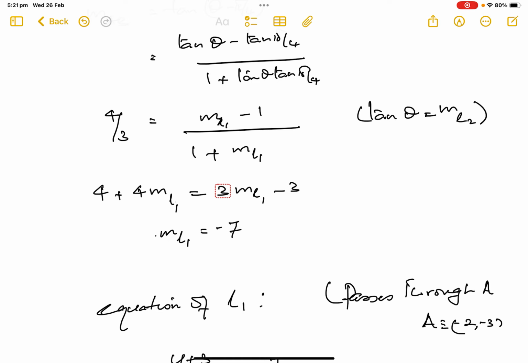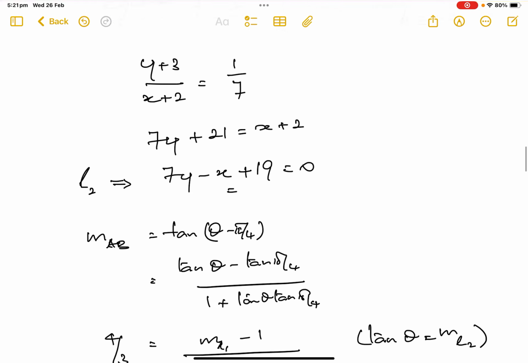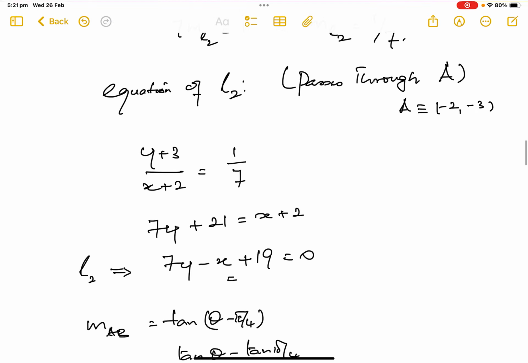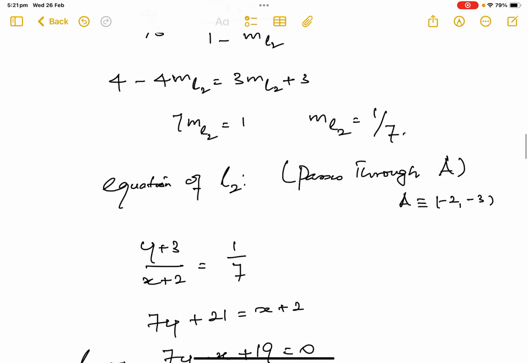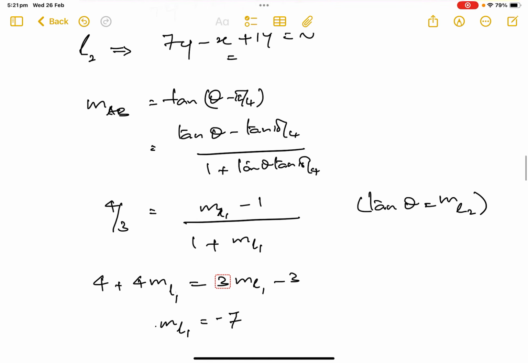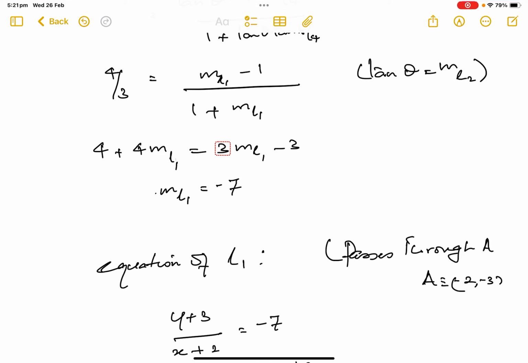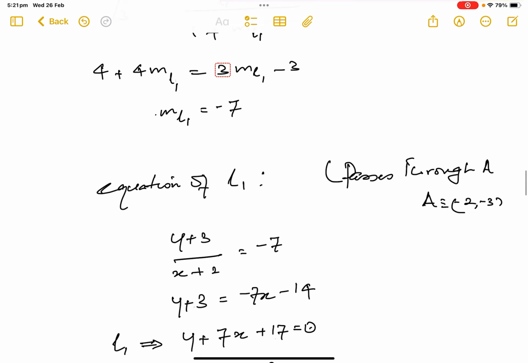But of course, we don't need to go this far. We can easily find it as well, because L1 and L2 are perpendicular to each other. The gradient of L2 is 1 over 7, therefore the other one must be minus 7 because they are perpendicular. Anyway, we proved it this way as well, just another way of doing it.